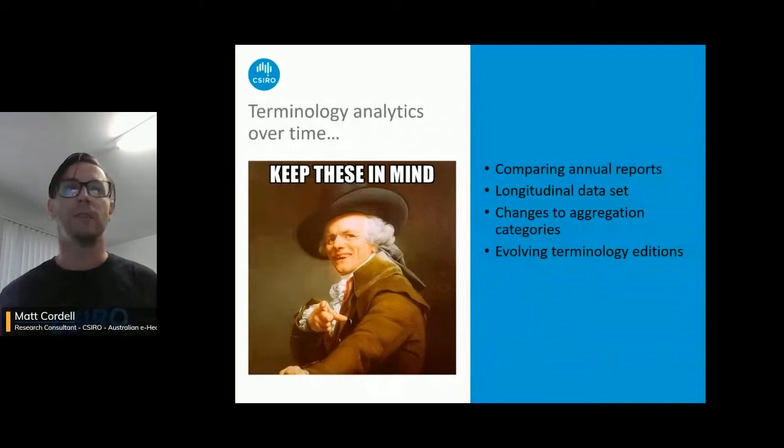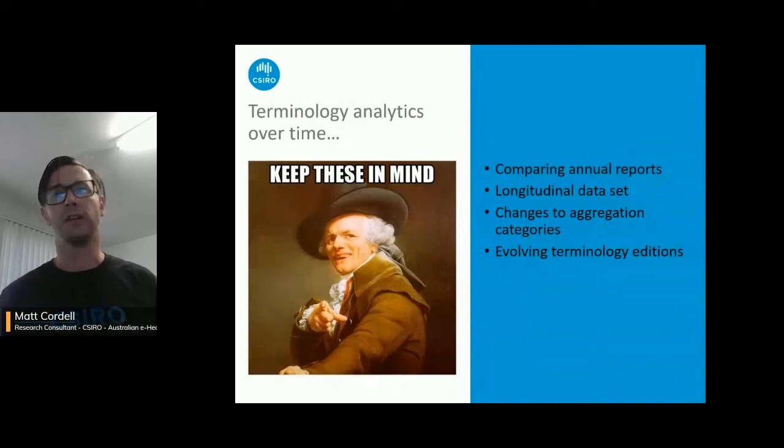That just means that there are more opportunities for change, and we need to take these into consideration, especially when we're comparing annual reports. We want to make sure that the aggregations we're doing from one year to the next are comparing apples with apples. We're not losing information.